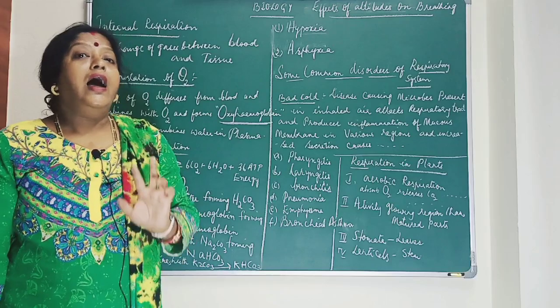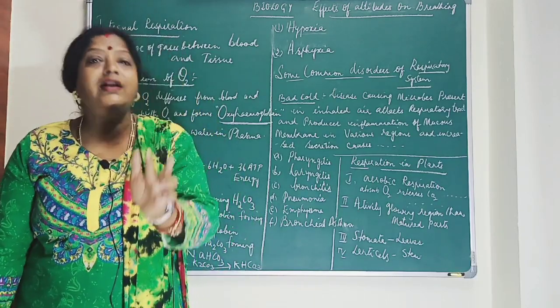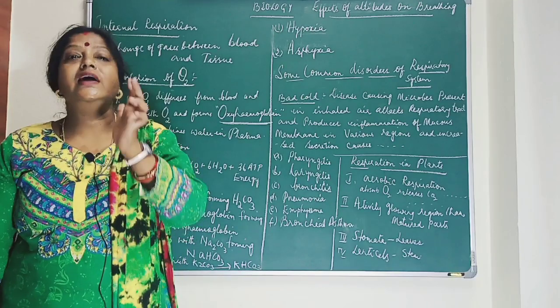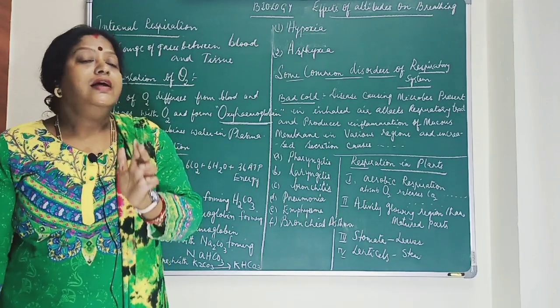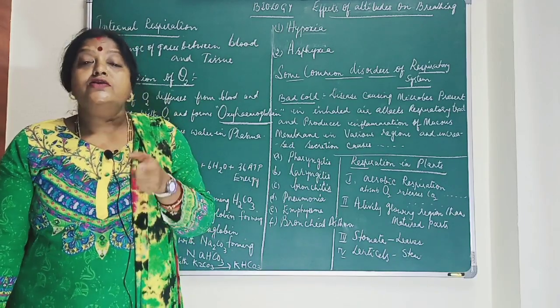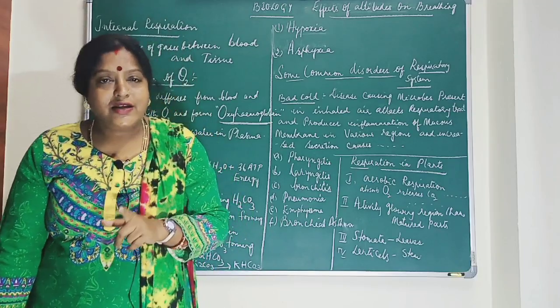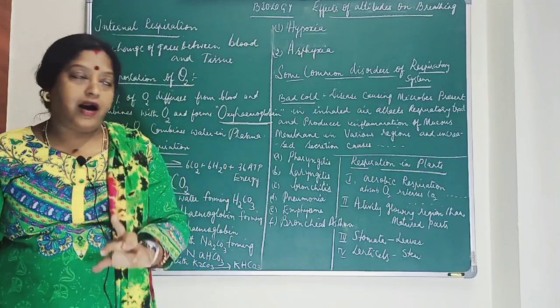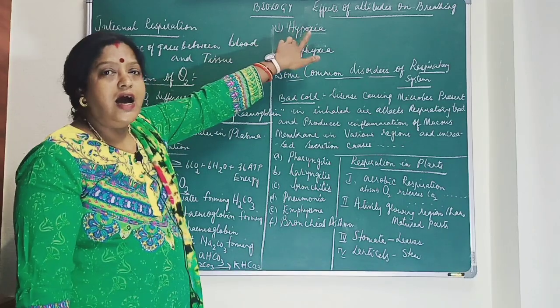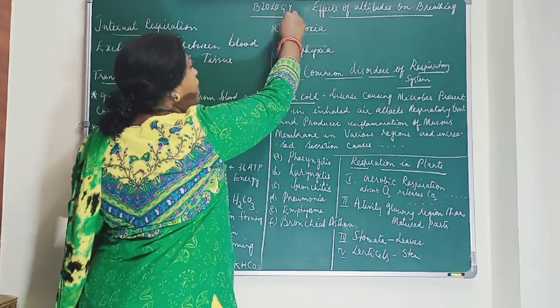At 4,500 meters above the sea level, the atmospheric pressure decreases and breathing becomes difficult. This is also called mountain sickness, or it is called artificial hypoxia, children. This will be asked for 1 mark.